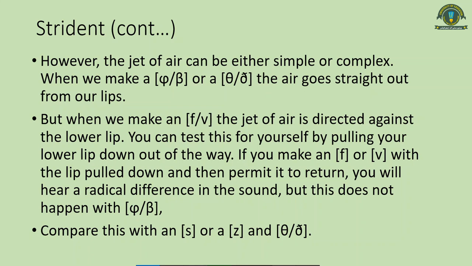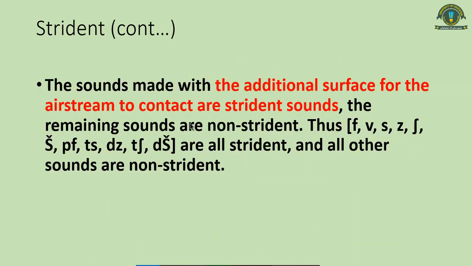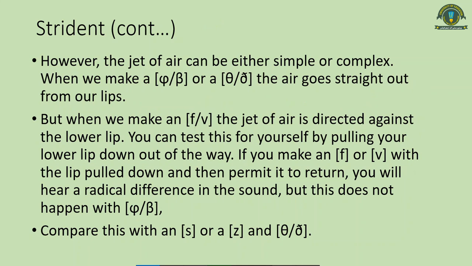But when we make an f or v sound, the flow of air is directed against the lower lip. You can test this for yourself by pulling your lower lip down out of the way. If you make an F or V with the lip pulled down and then permit it to return, you will hear a radical difference in the sound. But this does not happen with these sounds.